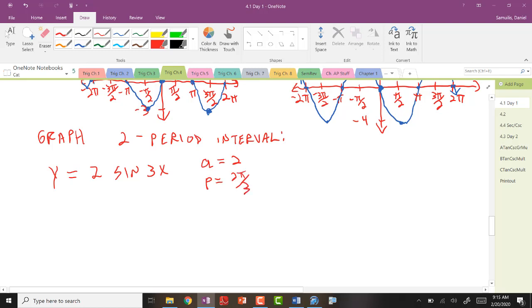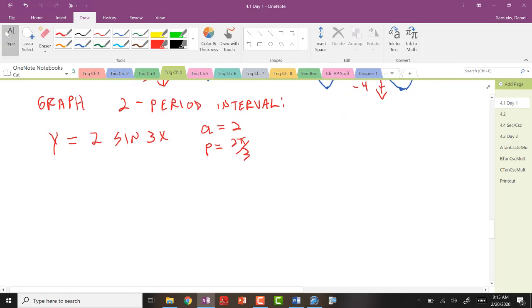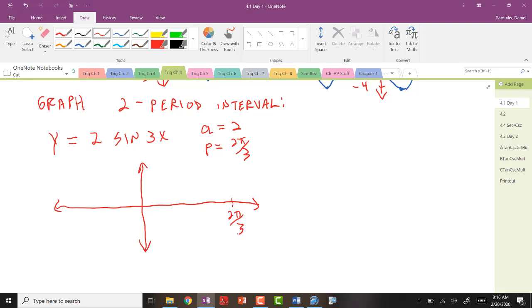This is all you do. And they're asking for a 2-period interval, so guess what? You're just going to do a positive and a negative. Now, as you weigh out, watch this. The non-fractionally challenged will have a good time with this. 2 pi over 3 is right there. Hey, everybody, what's half of 2 pi over 3? Pi over 3.